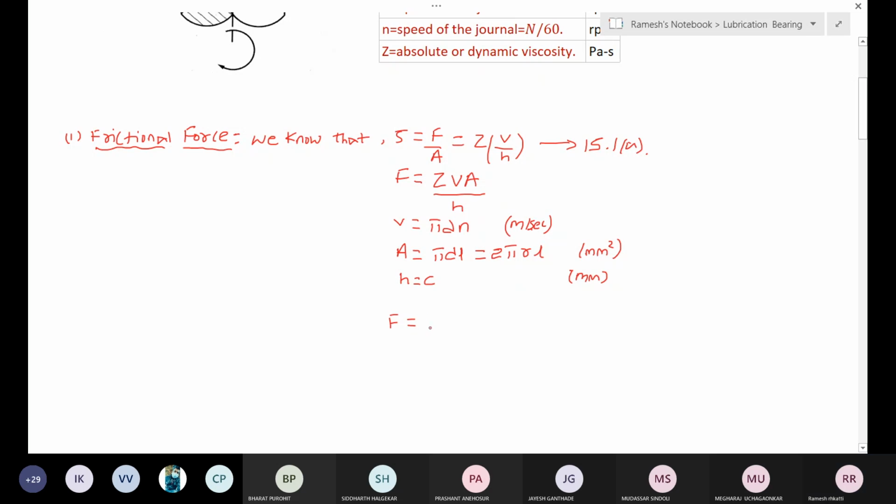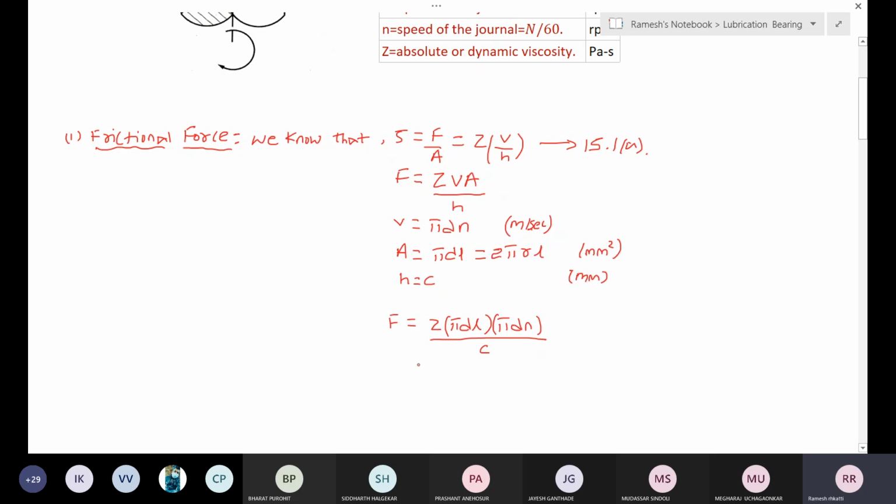Z into cross sectional area, which is pi d into L, and next the velocity is pi d n, divided by h. h is nothing but c, the clearance.